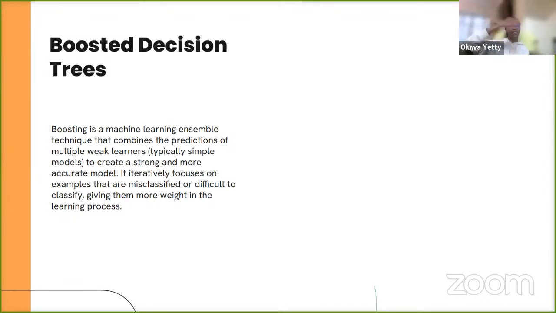Let's say you have 5 decision trees: what it has improved in decision tree 1, it takes to decision tree 2, and then what it has learned from why decision tree 2 is failing, it takes to the 3rd one. So it's done in a sequence. Boosting is done in a sequential order.